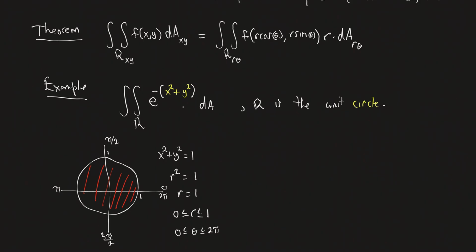That's pretty straightforward, because we're going to replace the x squared plus y squared with r squared. So this function in our theorem is basically saying express our function in terms of r and theta. So the function in terms of r and theta, in this case, would be e to the negative, and then just replace what I have highlighted there with r squared.